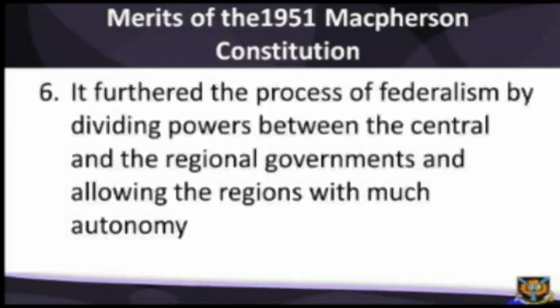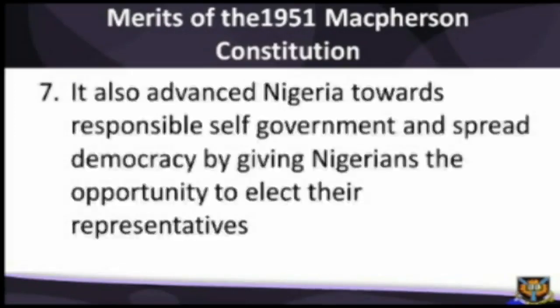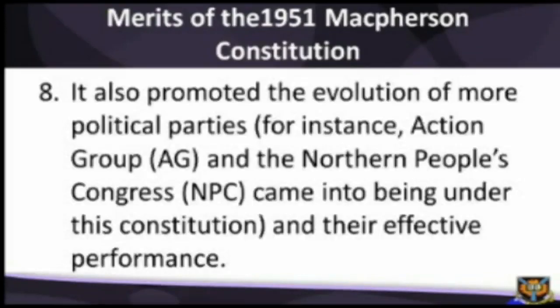The Constitution furthered the process of federalism by dividing powers between the central and regional governments and allowing regions much autonomy. It also advanced Nigeria towards responsible self-government and spread democracy by giving Nigerians the opportunity to elect their representatives, and it also promoted the evolution of more political parties.